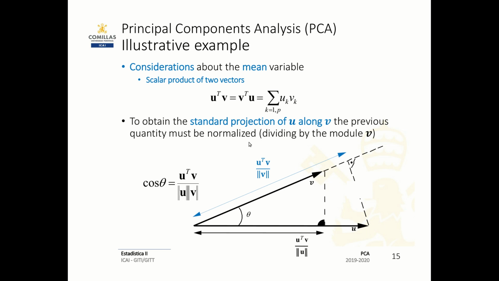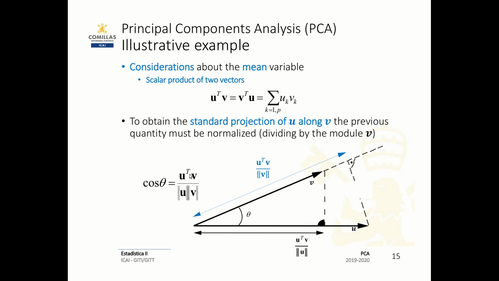And then we can also define the angle between two vectors: it is the dot product between u and v divided by the norm of u and the norm of v. The norm is not defined here in the slide, but you know that it is the square root of the dot product of a vector with itself.